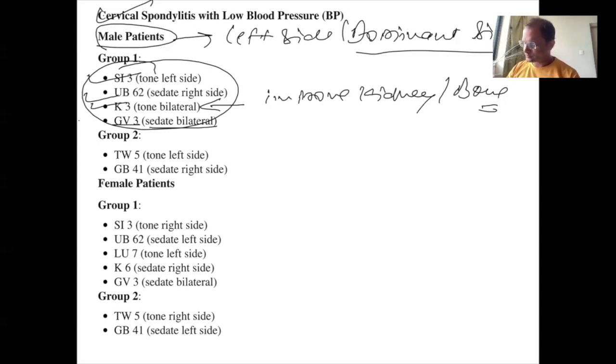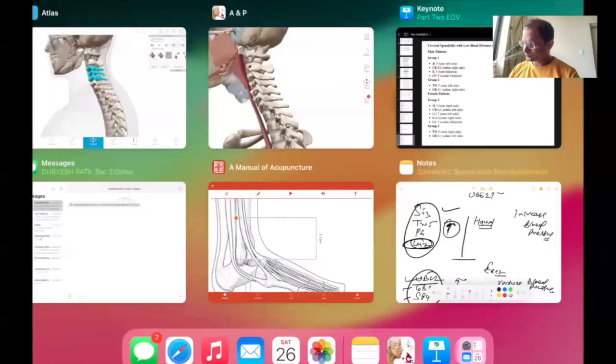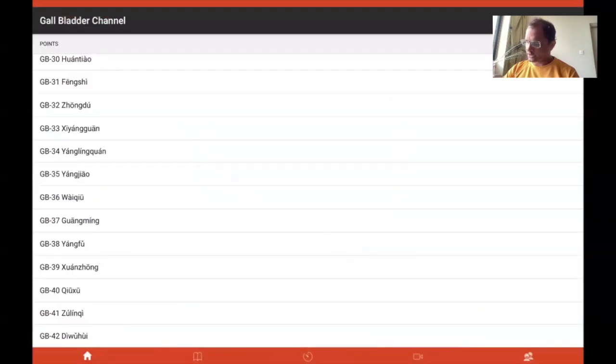So let's see here. We have already discussed the location of SI3, and the location of UB62 in the feet. In level 1, we discussed all the locations.